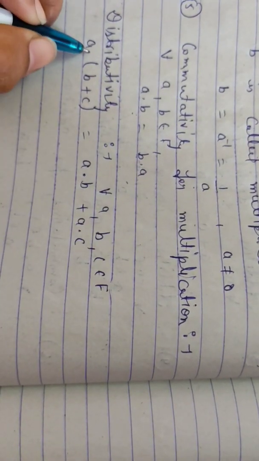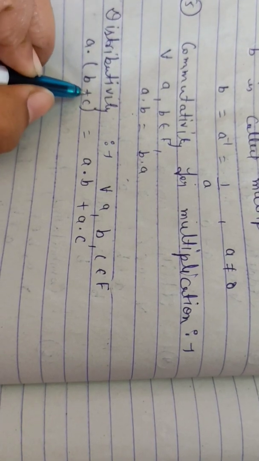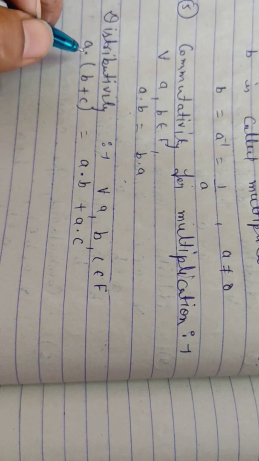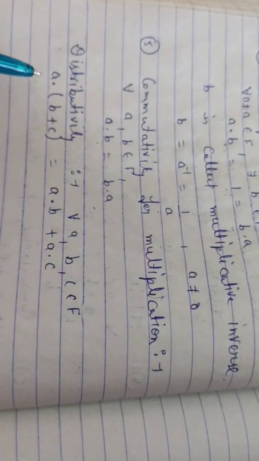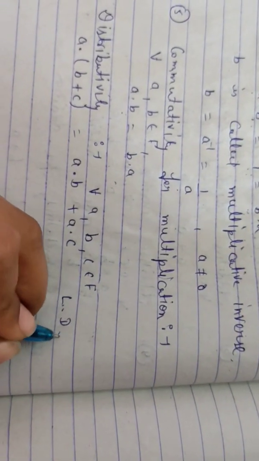Here the dot operation is distributed over the addition operation. The dot operation is on the left-hand side, so this is called the left distributive law.